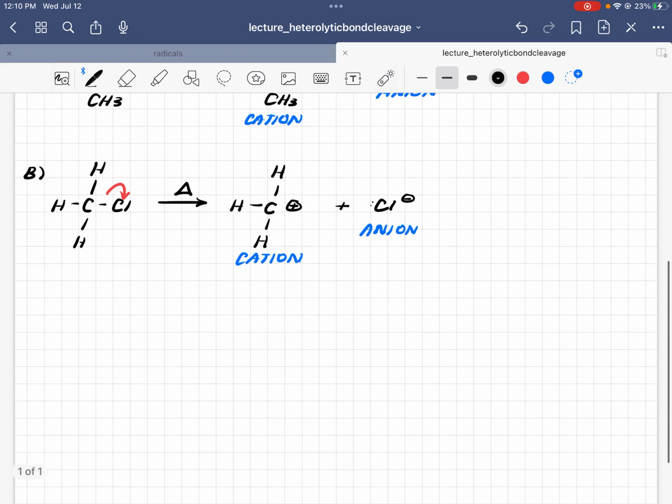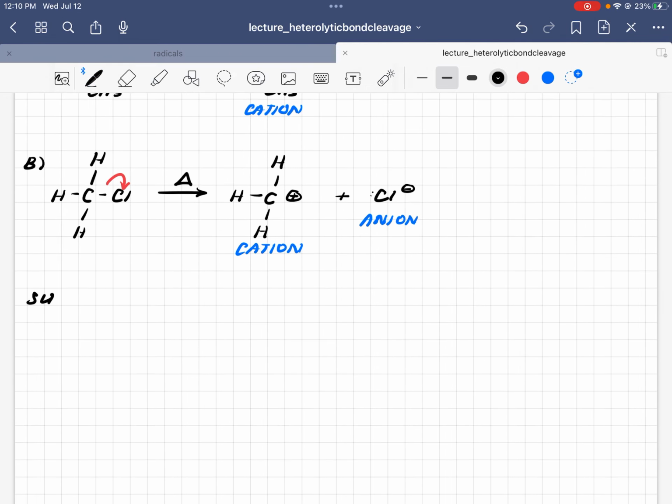So to summarize really quickly, heterolytic bond cleavage is the breaking of bonds, particularly polar covalent bonds.